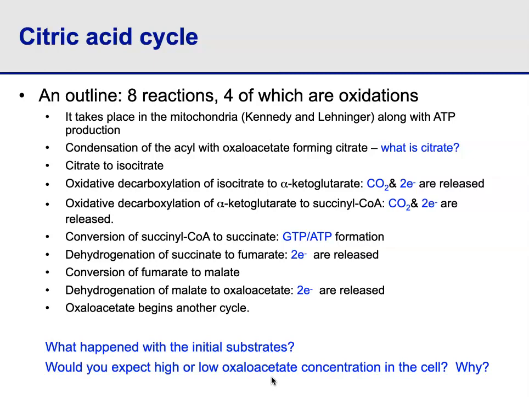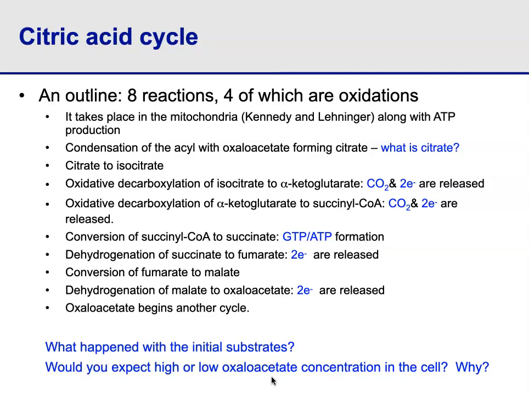We're not binding it and using it. We're regenerating. As long as we have a stable concentration of oxaloacetate, the citric acid cycle can continue. If one molecule of acetyl-CoA enters, that means that a molecule of oxaloacetate will enter. So as long as we have a molecule of oxaloacetate, we can just enter the cycle.